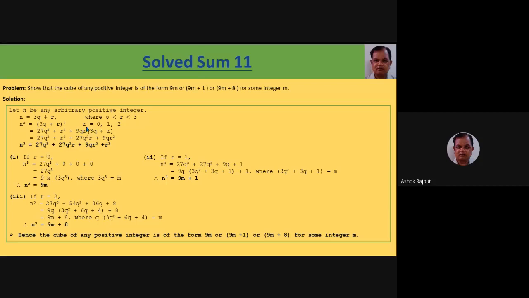Now we are using the remainders. The possible remainders are 0, 1 and 2 because the remainder is smaller than 3.